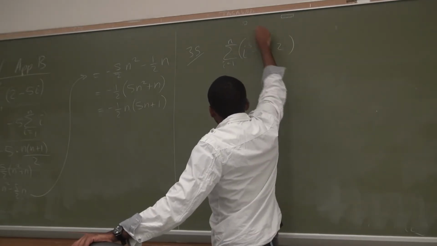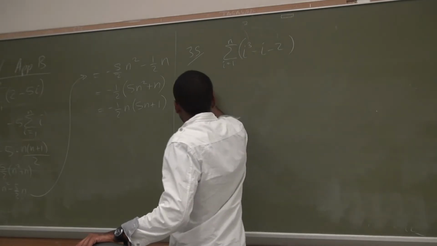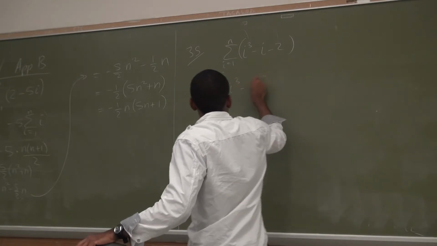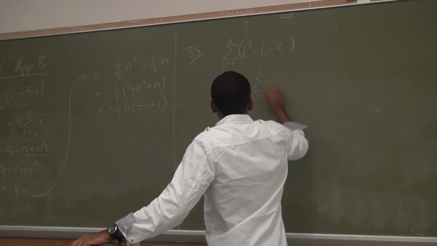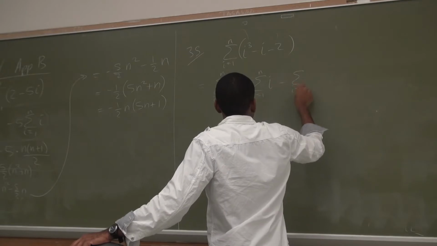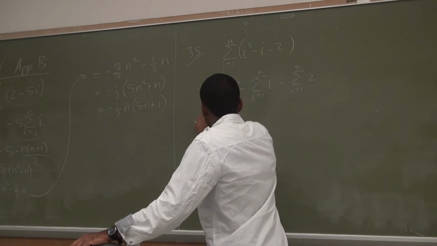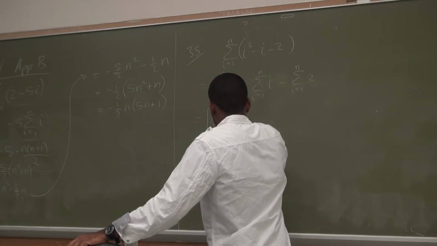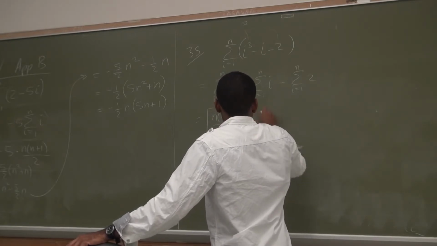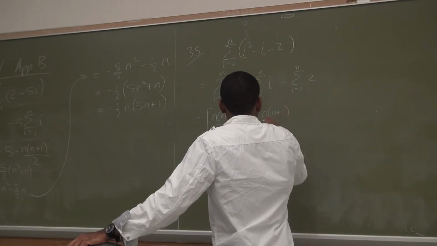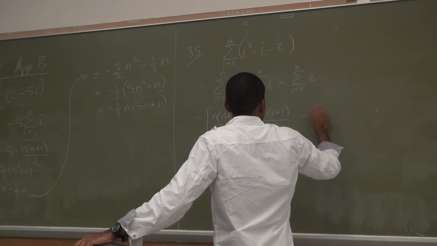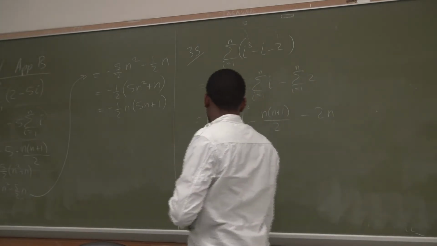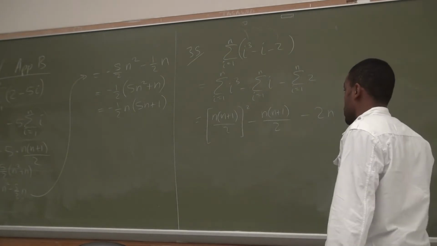Oh, well, again, you know you can distribute across sums. So this is just the sum from i equals 1 to n of i cubed, minus the sum of i, minus the sum of 2. So this we know is n times n plus 1 over 2, squared, minus n times n plus 1 over 2, minus 2n. Can we leave it at that? Yeah.